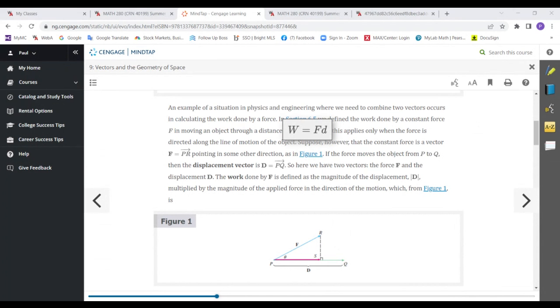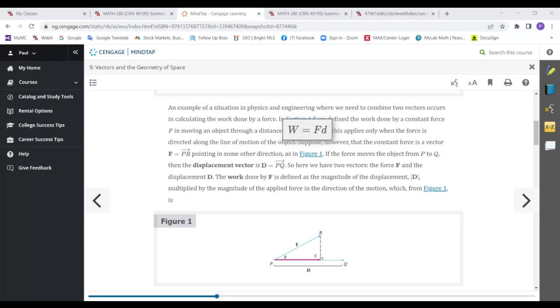How many recall seeing that maybe in middle school or high school? IB recalls that. Yeva, Narina, and Brian, absolutely. Matthew, yes.